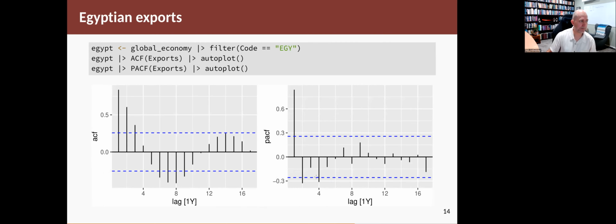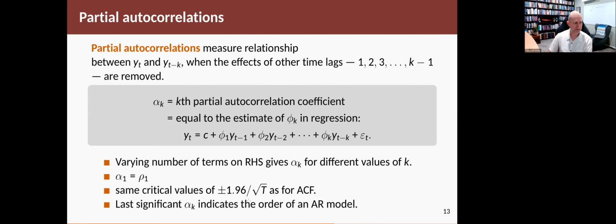So let's look at the Egyptian exports data again. Here I've filtered out the Egyptian data, and then I'm doing the ACF plot and a PACF plot. The PACF plot's just done with the PACF function. This line of code produces the left-hand side graph. This line of code produces the right-hand side graph. Now remember what the last line of the previous slide says.